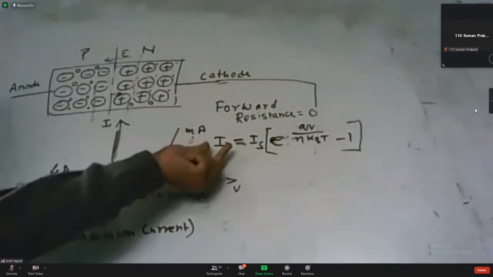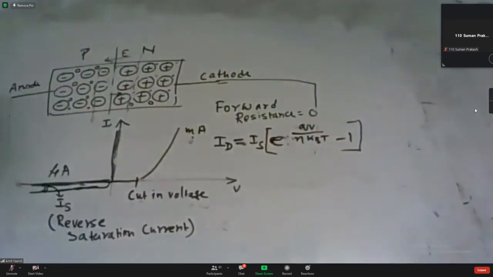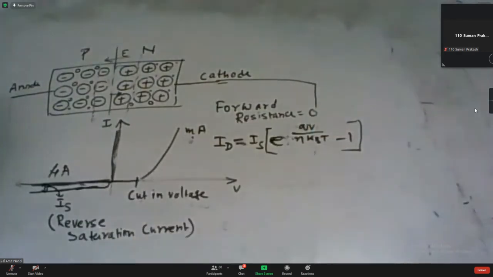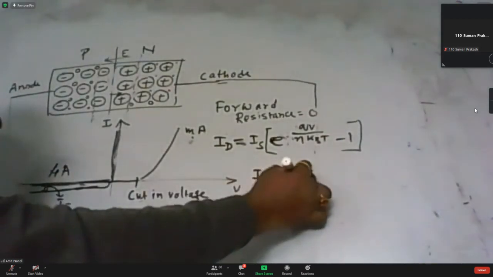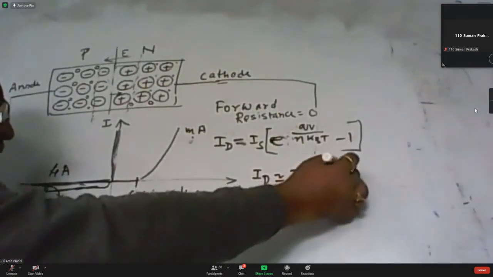If we expand this equation, ID equals IS into that part minus IS, so this factor will be much greater than IS. If we neglect this, then we can write ID is nearly equal to IS into exponential of QV by eta KT.